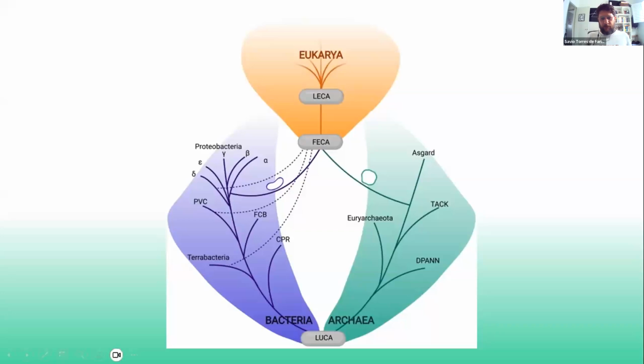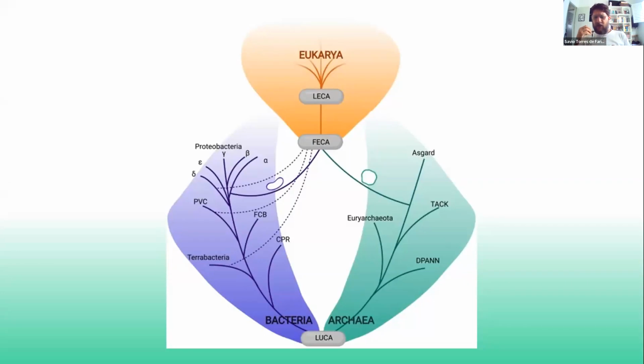So if you want to understand the emergence of the DNA, I think we need to look at the emergence of the bacteria and Archaea. In this model here, we still had the idea that bacteria and Archaea had one unique origin, that unique common ancestor, in this case, a cellular common ancestor, right?